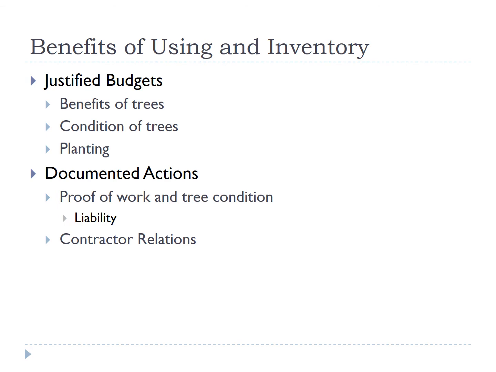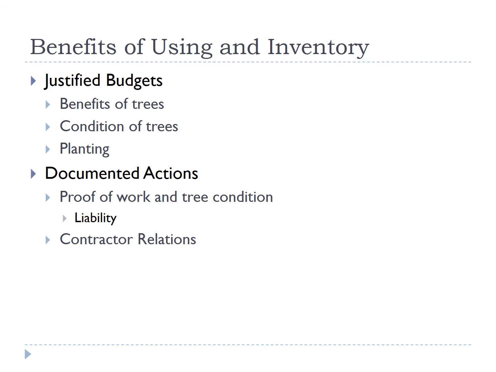There are other benefits of using an inventory, and one of them is to justify the budget for the trees. Being able to calculate the benefits of those trees, the tangible and the intangible, can help justify all the time and money that goes into maintaining and planting them.